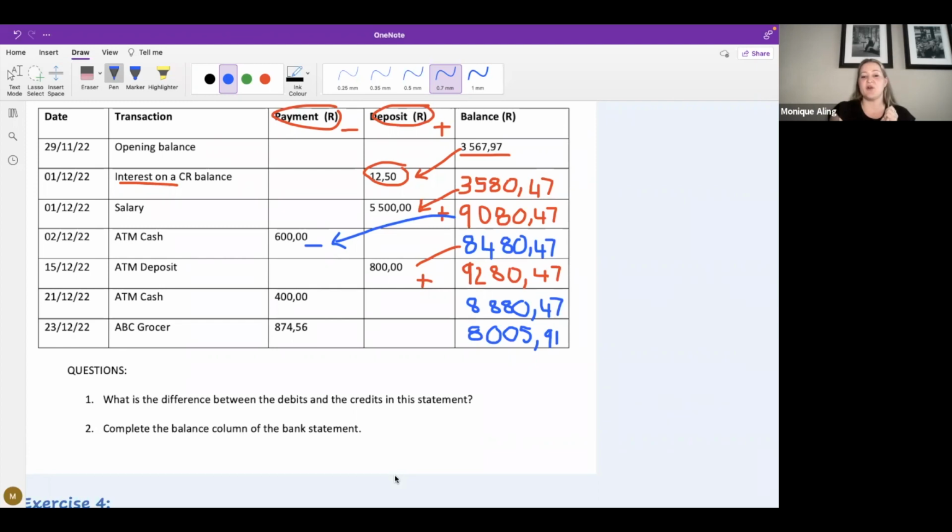Is it payments or deposits? So if we remember the terminology. Okay, so Linda, well done. Debits is our payments. Okay, so this is our debit column. And here's our credit column.